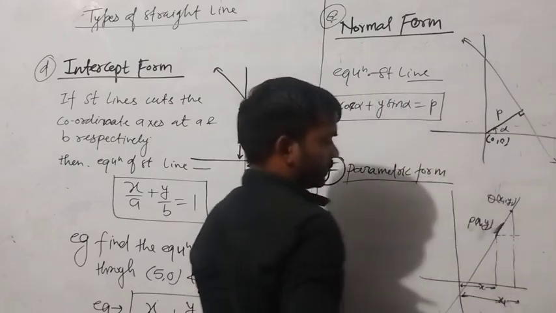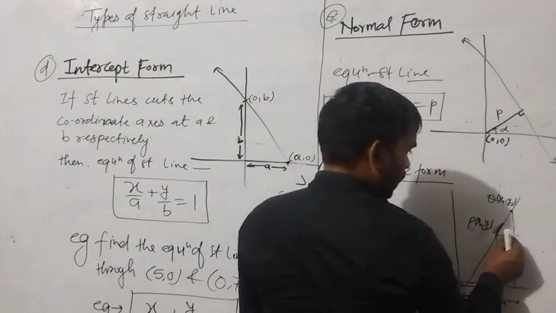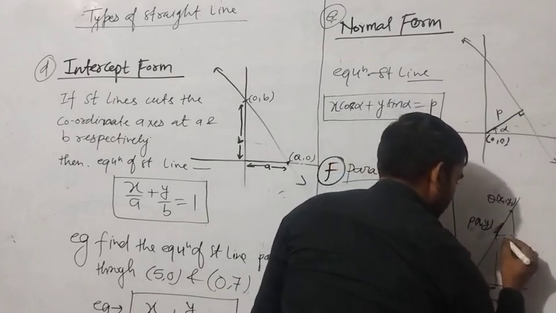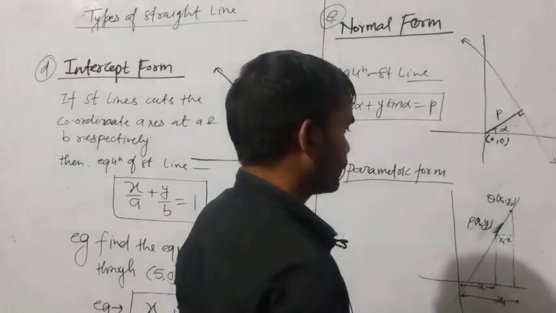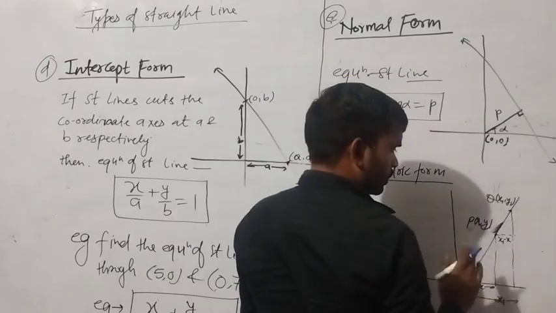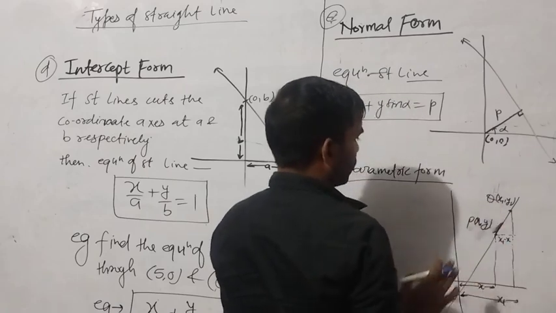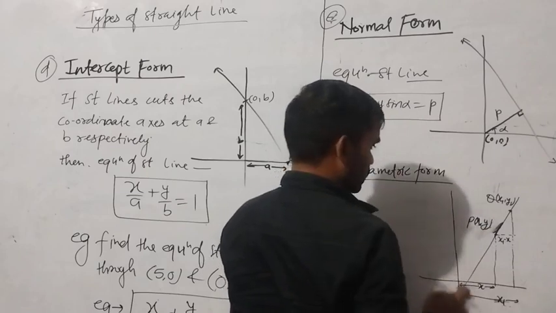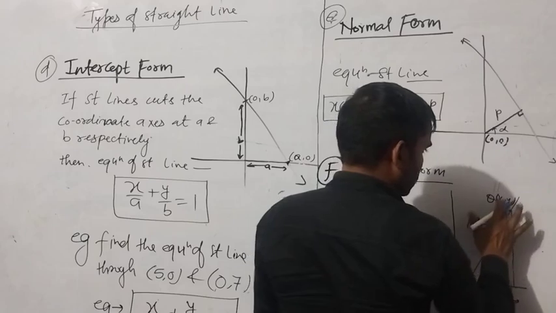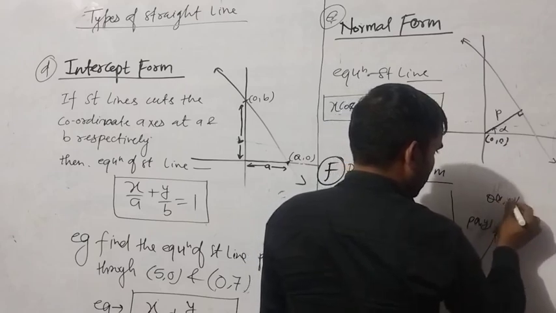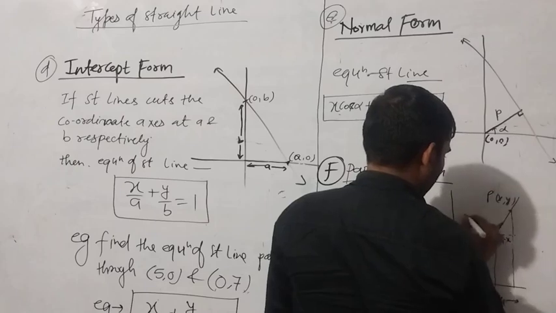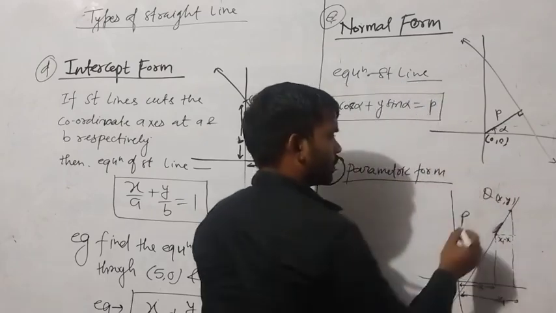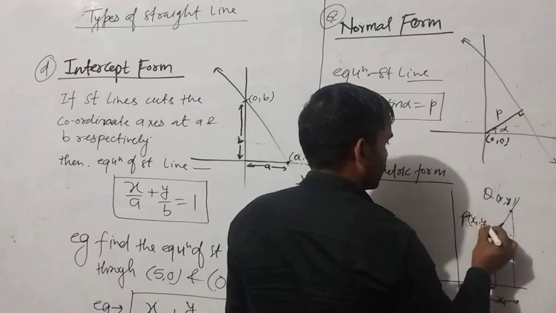If you want to calculate the difference or length, you can simply find x1 minus x. Let me change this, there is no problem. So this is P (x, y), and this is Q, P and Q, don't confuse this, this will be (x1, y1).